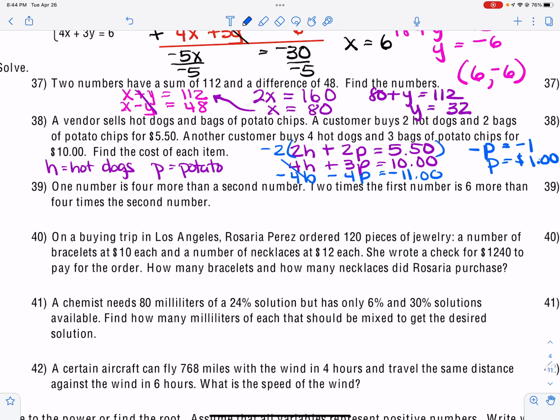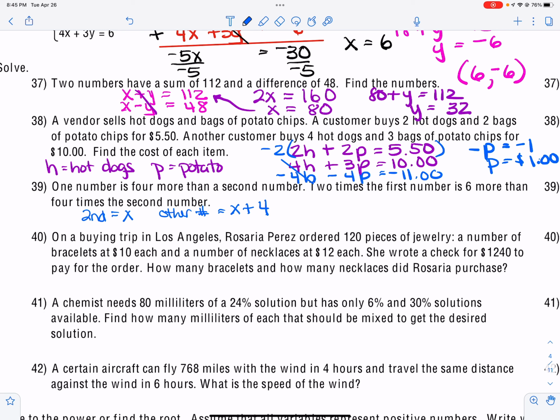All right, for number 39, it says one number is 4 more than a second number. So we're going to let the second number equal x, and then the other number is 4 more than x. So let me make sure I did this right.